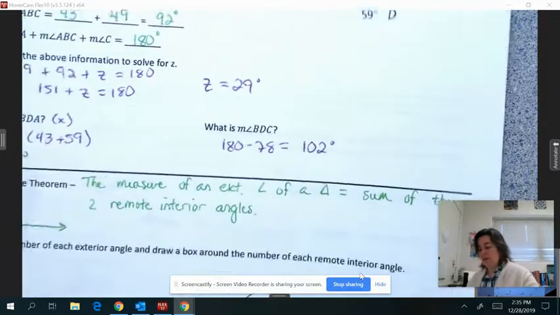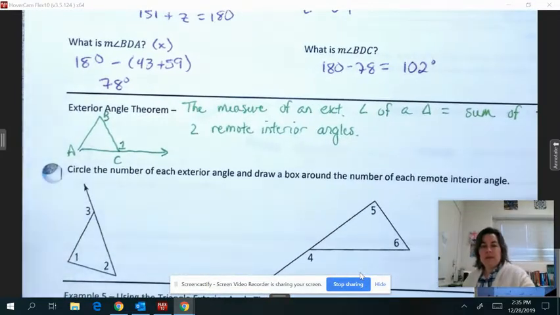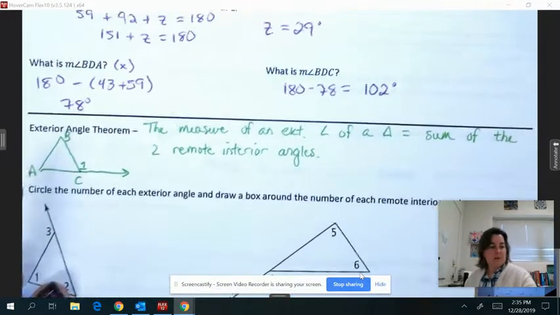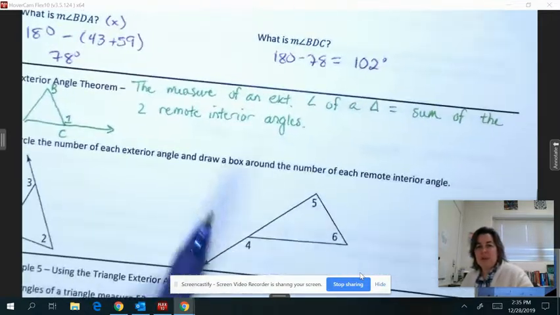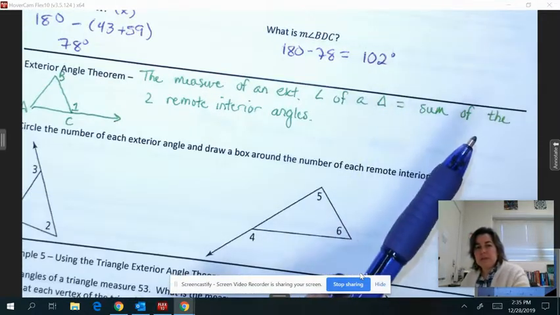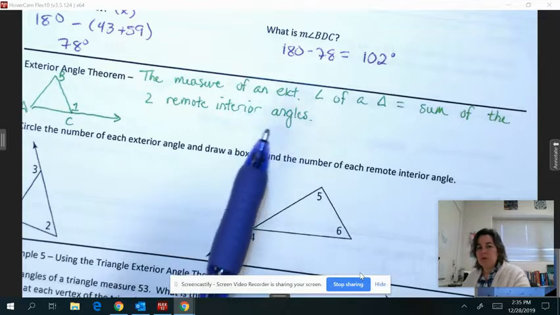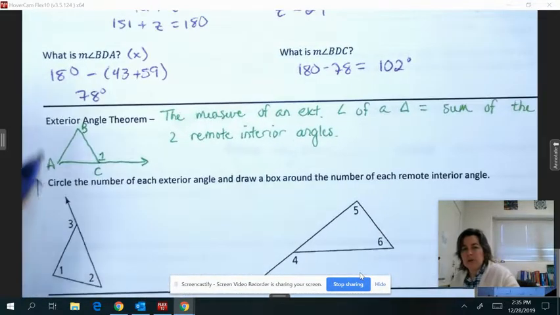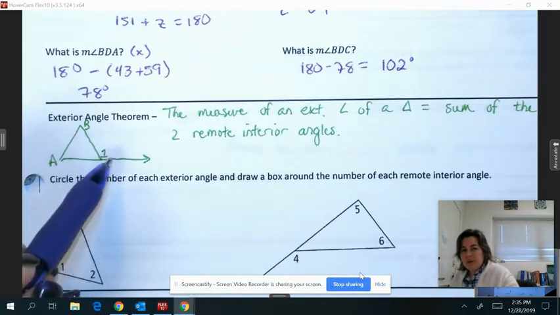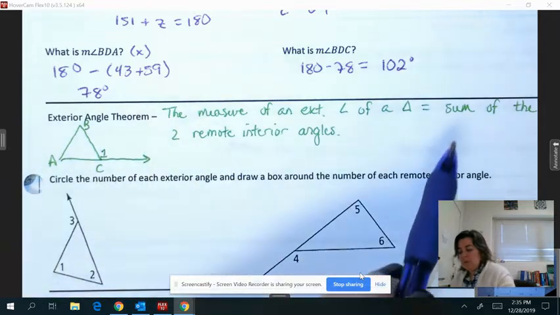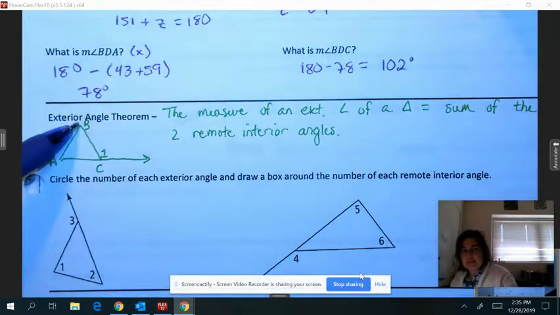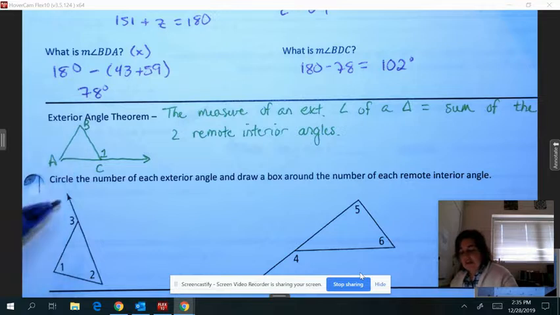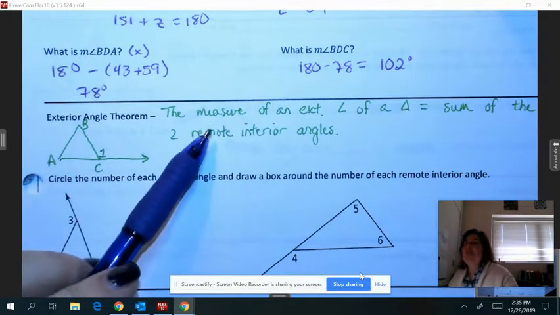Okay, so now the exterior angle theorem says that the measure of an exterior angle of a triangle is equal to the sum of the two remote interior angles. So I drew a picture over here. Angle 1 is your exterior angle in this picture. Remote interior, interior means inside, so there's three inside angles of a triangle. The remote means far away.